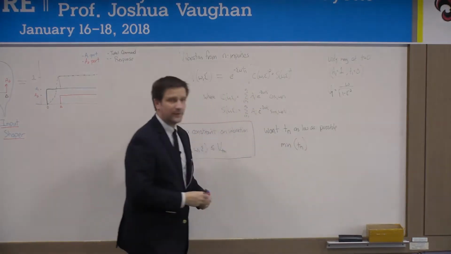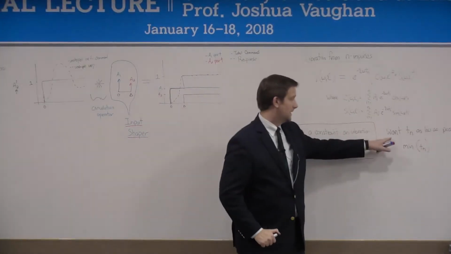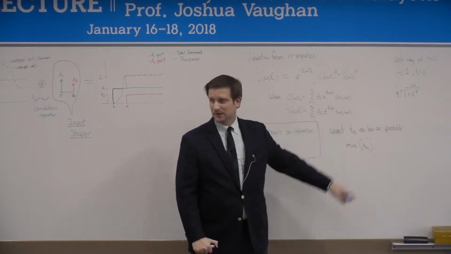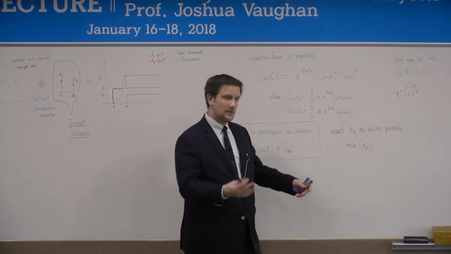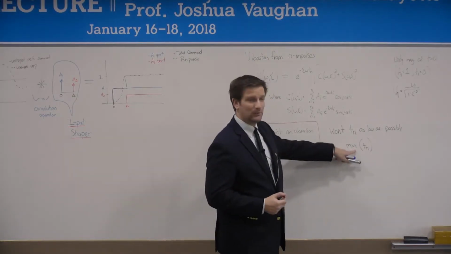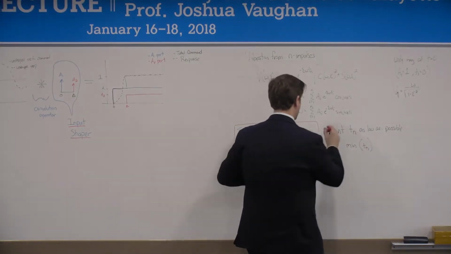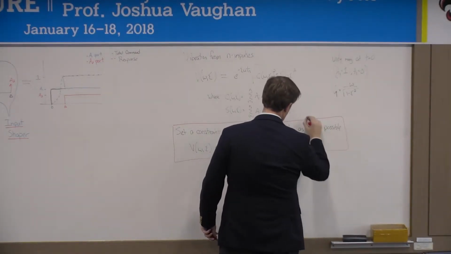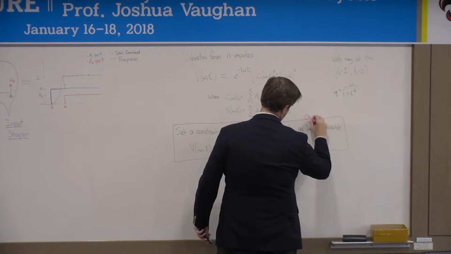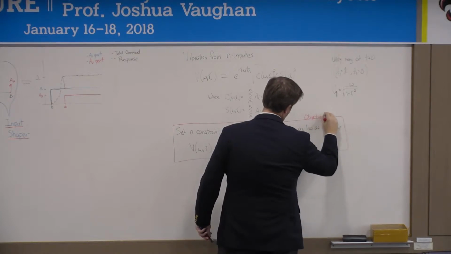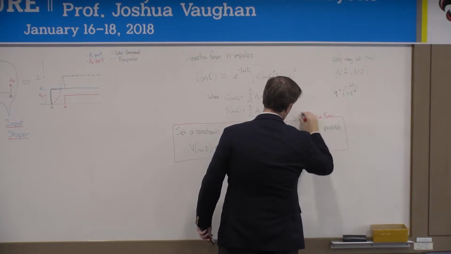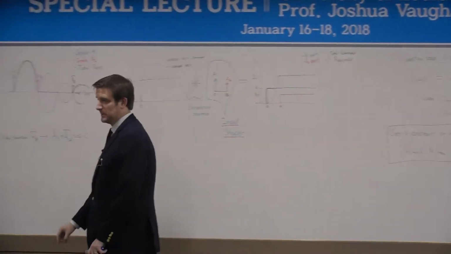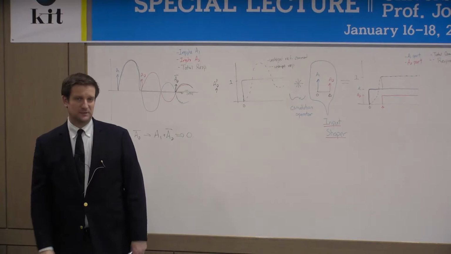So of all these infinitely many possible solutions, we want the time of the last impulse, Tn, to be as low as possible. Well, in terms of the solution, we just say, well, I want the minimum Tn. And if you're thinking about this from a numerical solution perspective, that's actually my objective function.